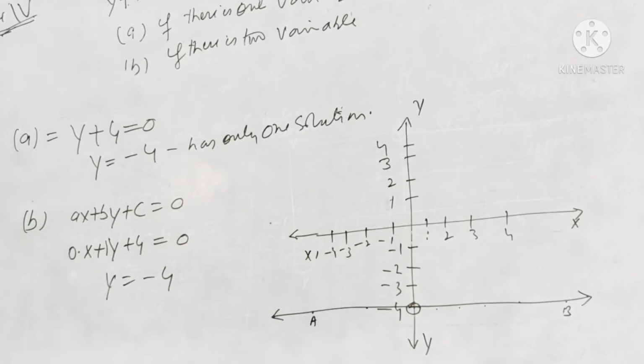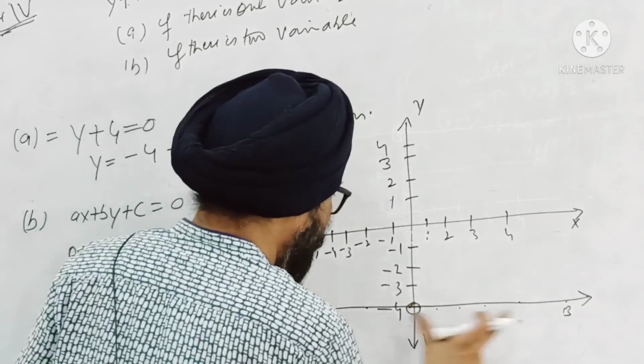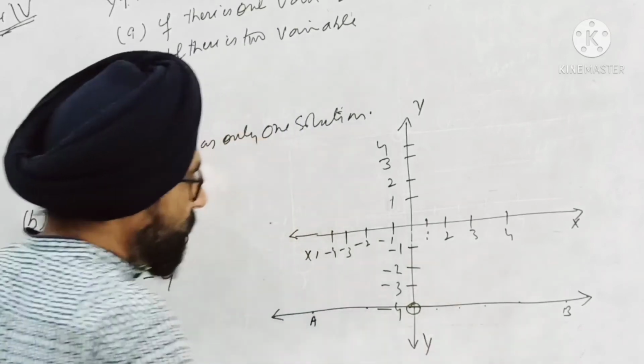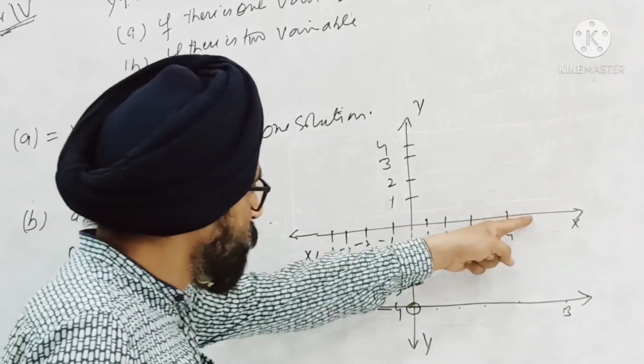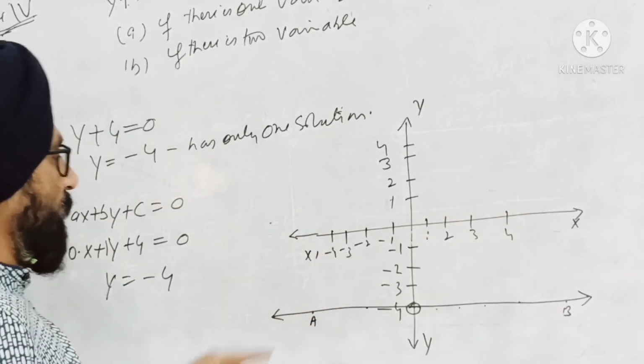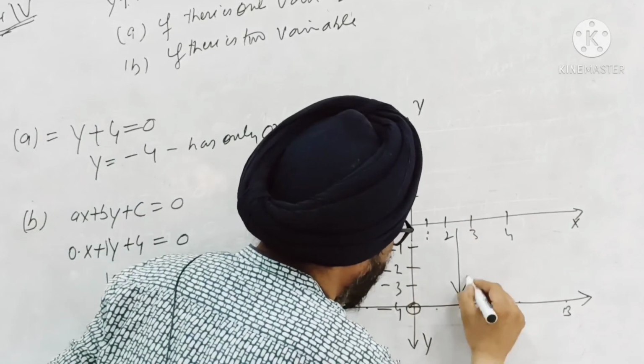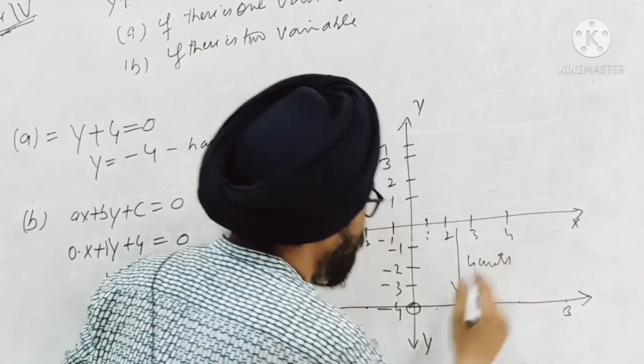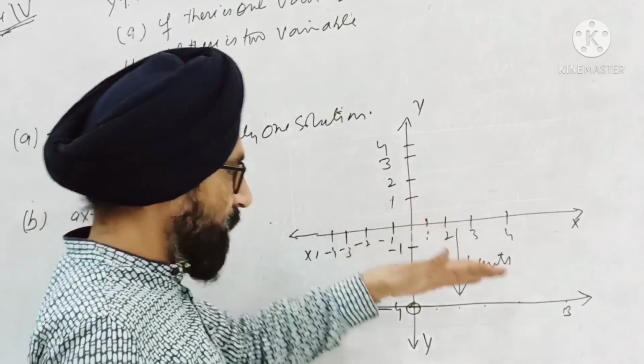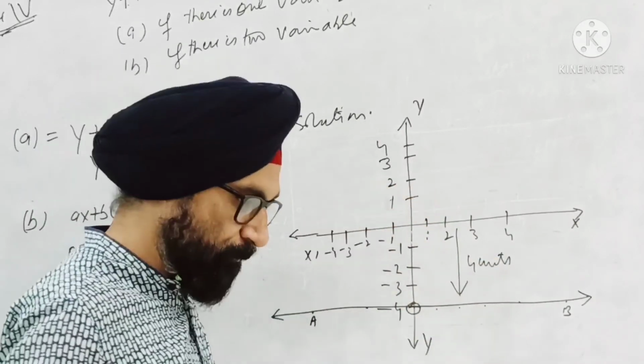Again, same situation. AB is a line parallel to the x-axis at a distance of 4 units below the x-axis, below the horizon.